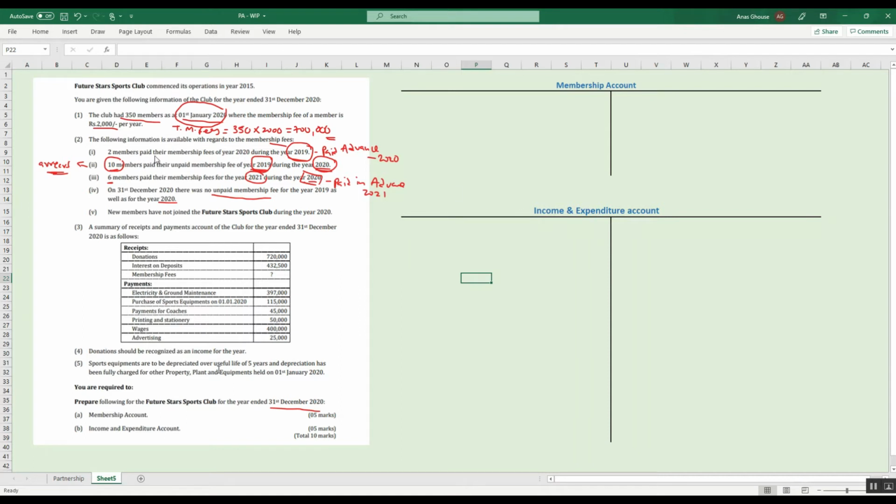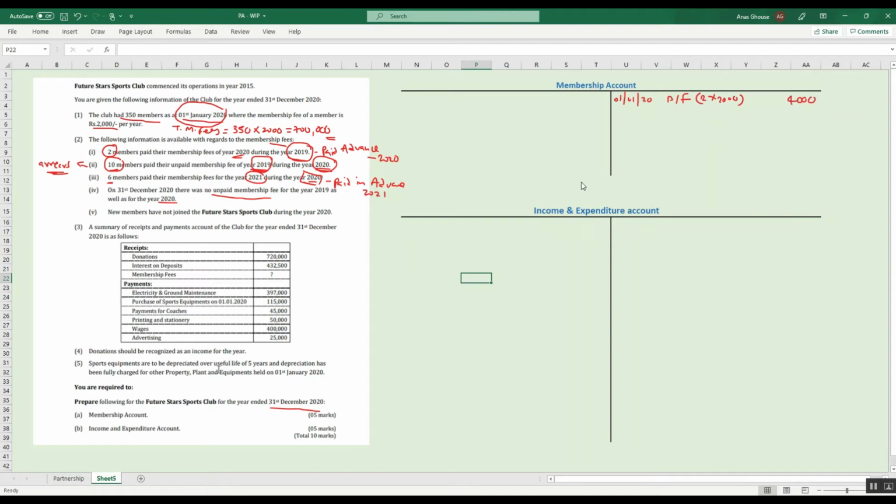Since 2 members paid their membership fees of year 2020 during the year 2019, this amount was paid in advance. So there was an opening balance in the membership account on 1st January 2020, brought forward. How much is the amount? 2 members times 2000, so that will be 4000.